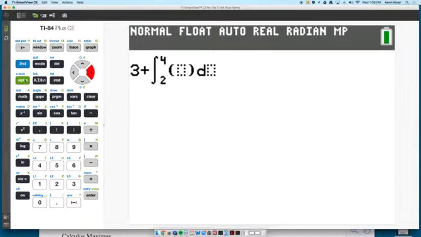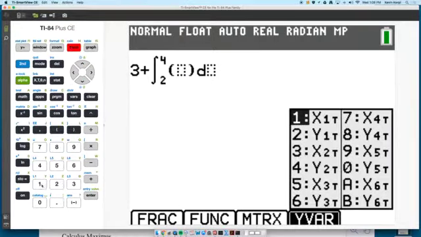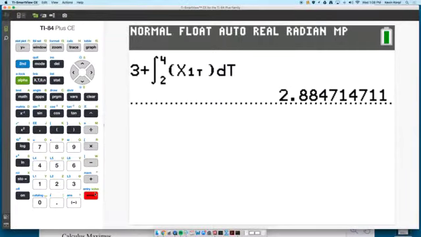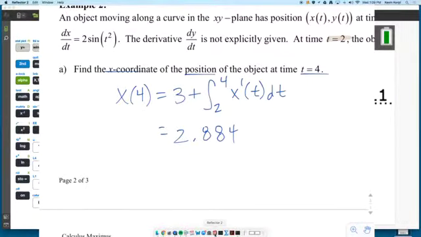And my x prime is in alpha trace number 1 with respect to t. So we get 2.884. And you write it down. And notice I just brought the equal straight down from where it was above. So that's all you need. Are there any units here that we need to tag on?